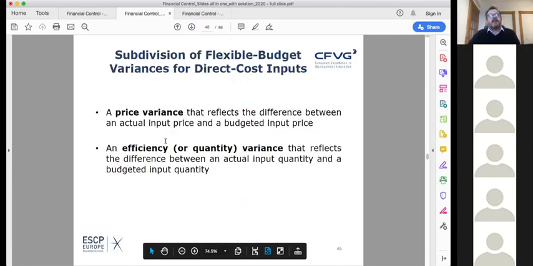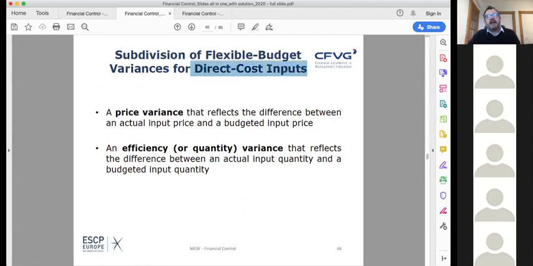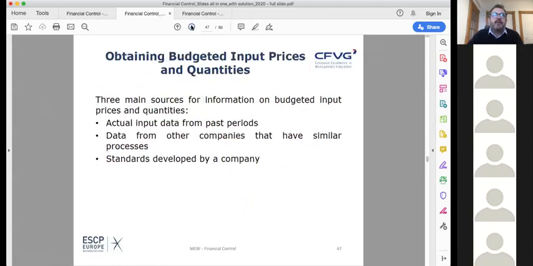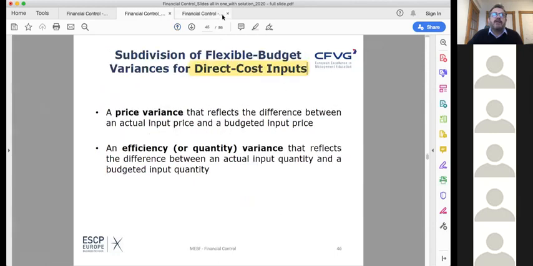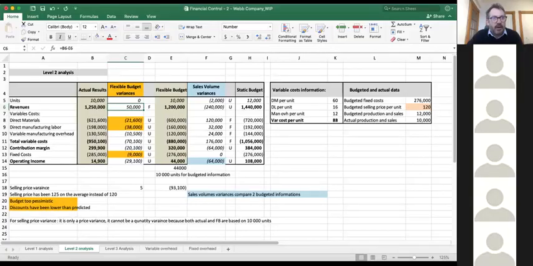Okay, so now let's talk about direct cost inputs. Here we're going to discuss the next two important variances, direct material and direct labor. These two are the most important ones to discuss, so this is what we're going to focus on.